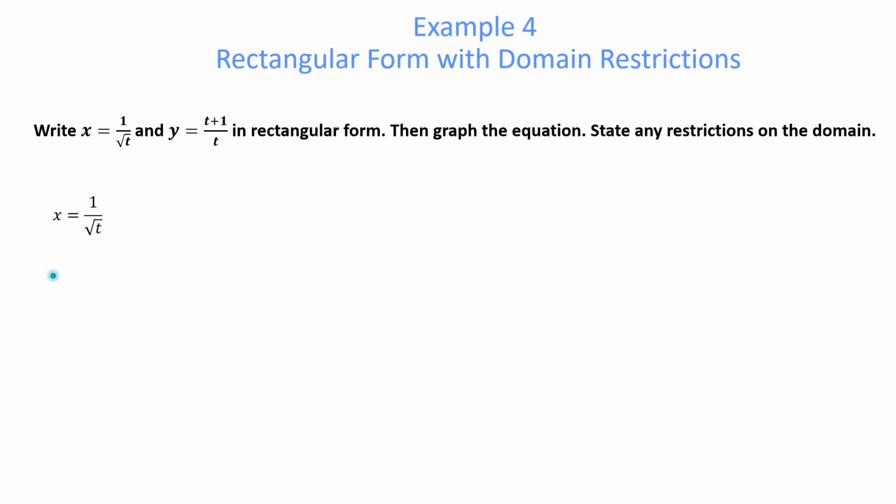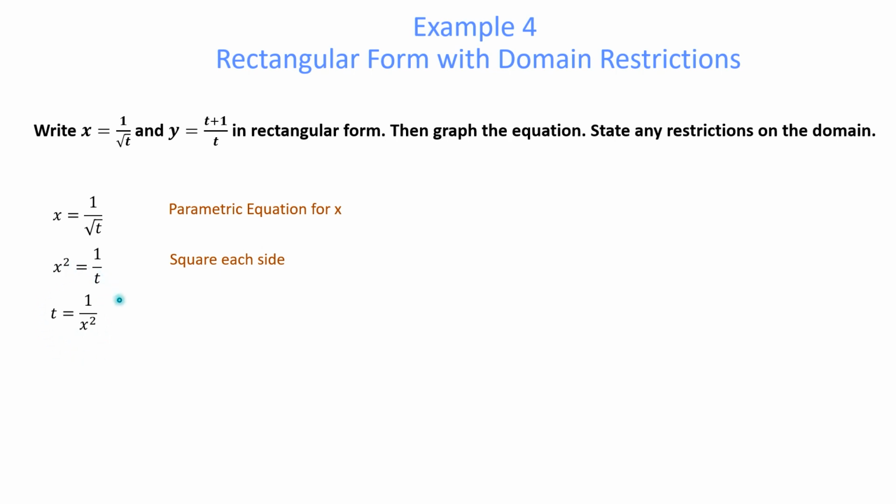So x equals 1 upon root t. We square both the sides, so x square equals 1 upon t. Now t equals 1 upon x square.